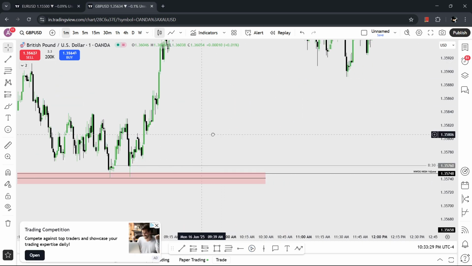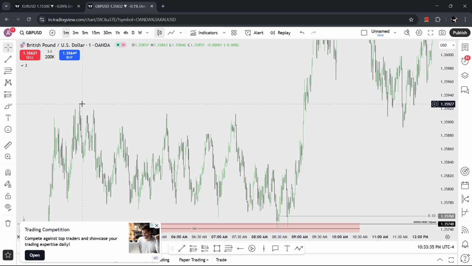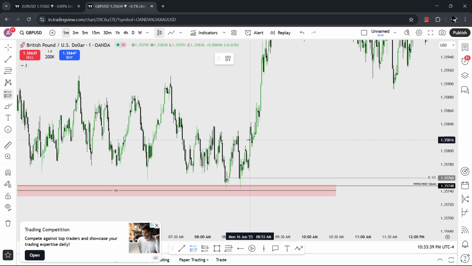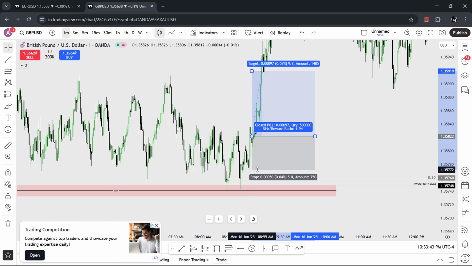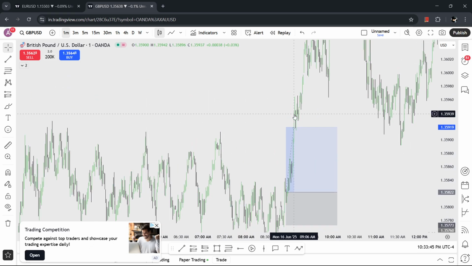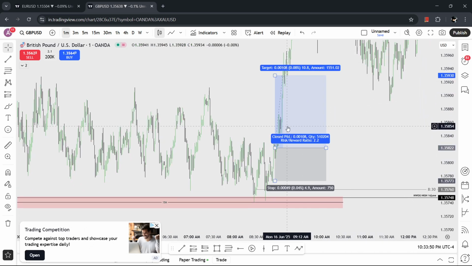So you had a gap here. That's going to be your entry. That's going to be a stop, and any of these equal highs could be your targets. Okay. Let's say that's going to be your entry, that's going to be your stop, and on this one you will get almost 2R. That's fine, bro.